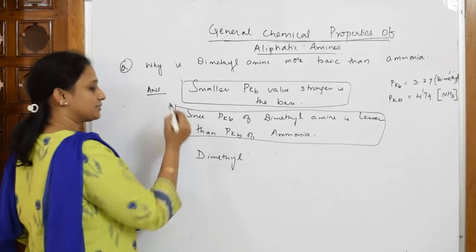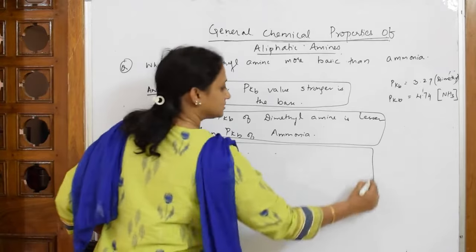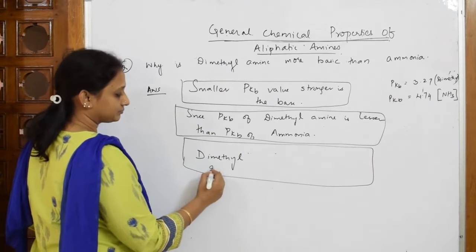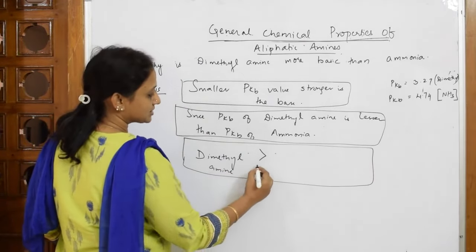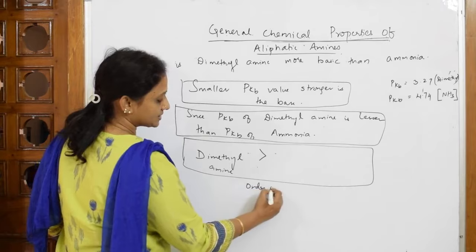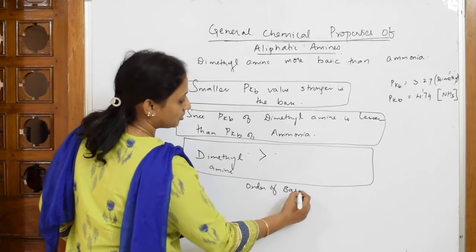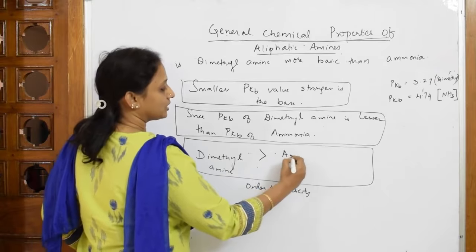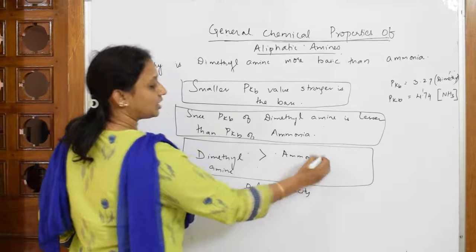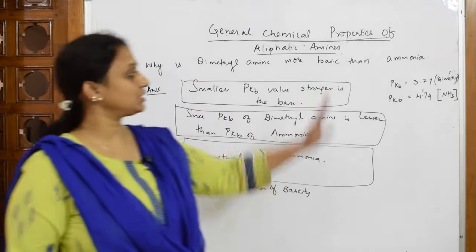It's easy for the examiner to correct your answer. Dimethylamine is more basic. This is your order of basicity. You have to write it down. Order of basicity, more basic than ammonia. That's it. This is your answer. So see the pKb value and done.